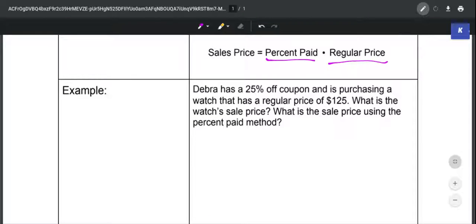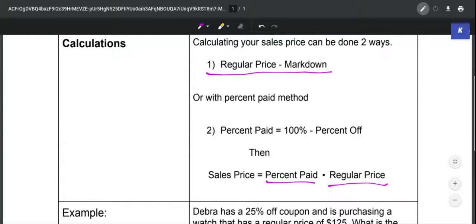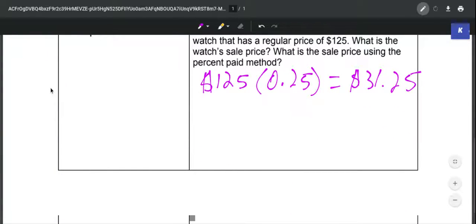To do that, we take 125 and multiply it by our percentage, 0.25. That will give us $31.25.